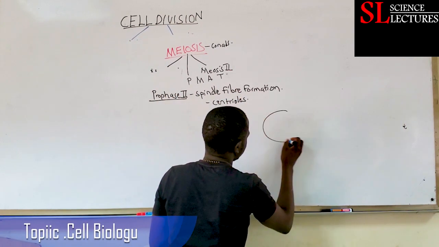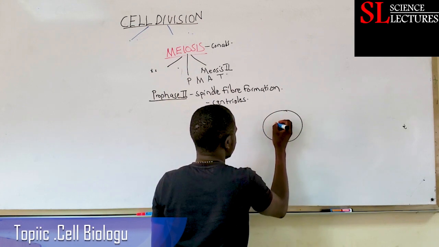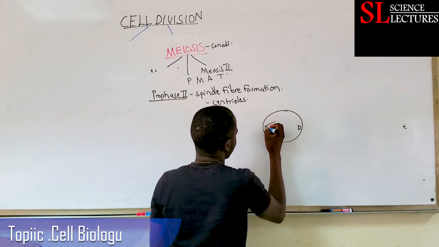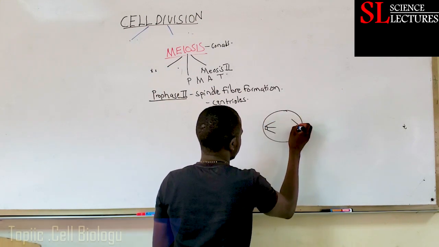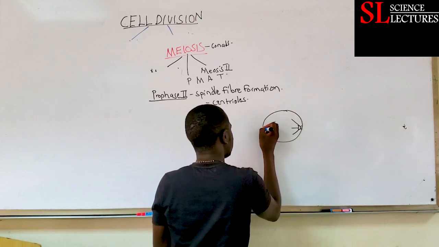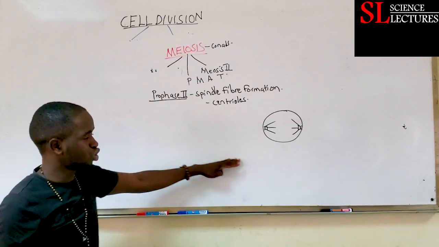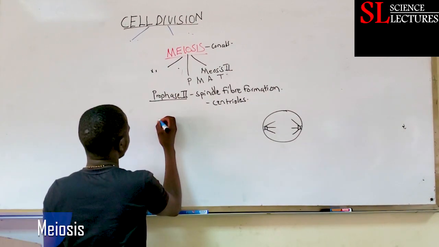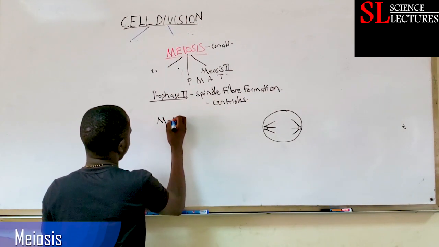If this is my daughter cell, the centrioles shall move here, another moves here, then they start producing spindle fibers. With spindle fibers, we say there are two types. They are also known as microtubules: the polar microtubules and the astral microtubules. So from here we proceed to metaphase 2.